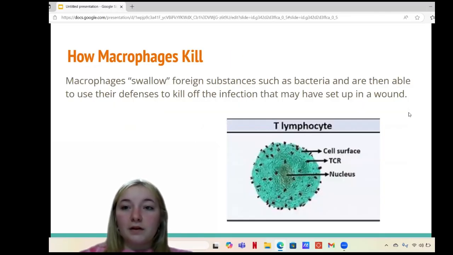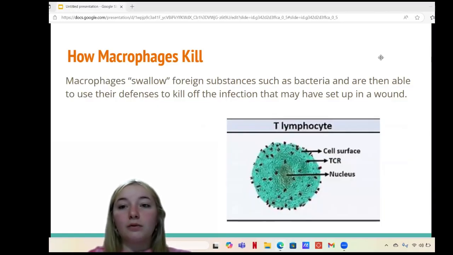So, macrophages are one of the many components of our immune system, and macrophages in general will swallow these foreign substances. They have multiple different jobs to do as part of the immune system, but their most important job is to kill bacteria.